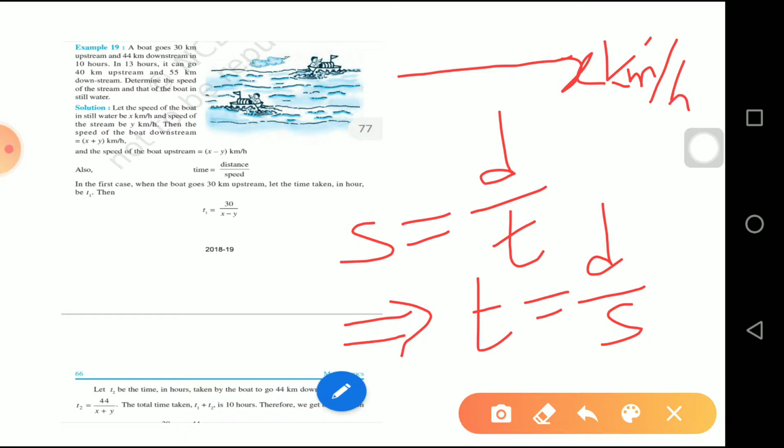And speed of the stream is y km per hour. Speed of stream is y km per hour.